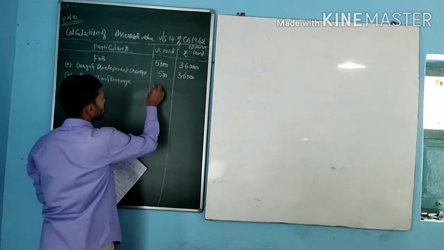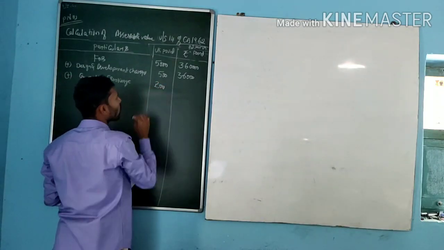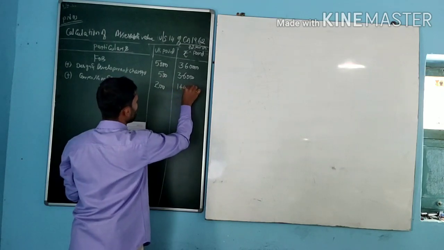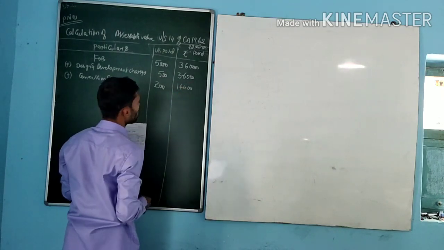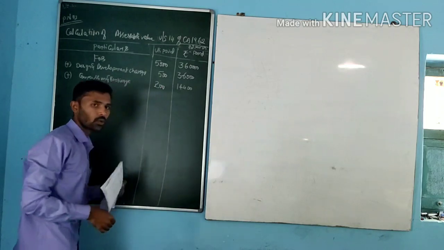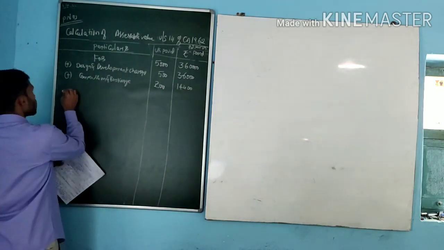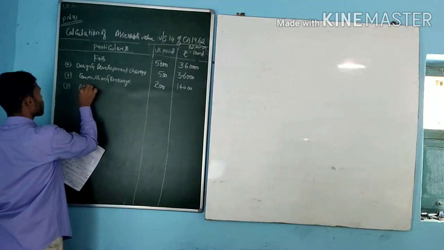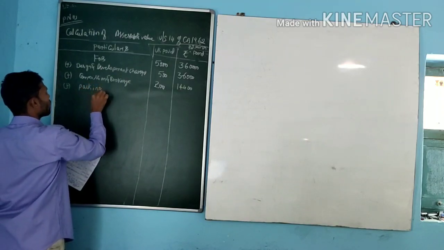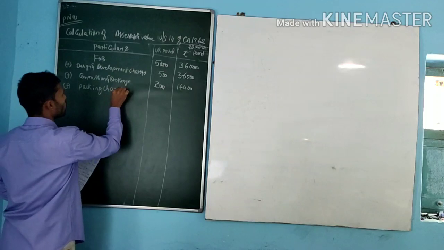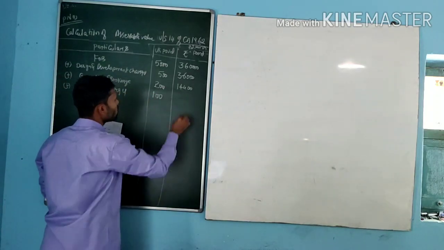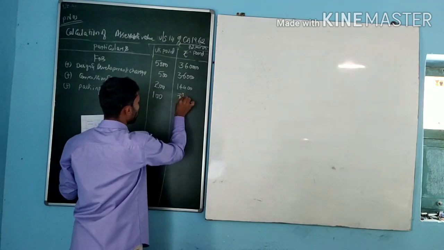So what is the amount? 200 UK pound, convert to Indian rupees, that is 14,400, not 1,44,000, 14,400. Next one, packing charges. 100 UK pound, convert to Indian rupees 7,200.